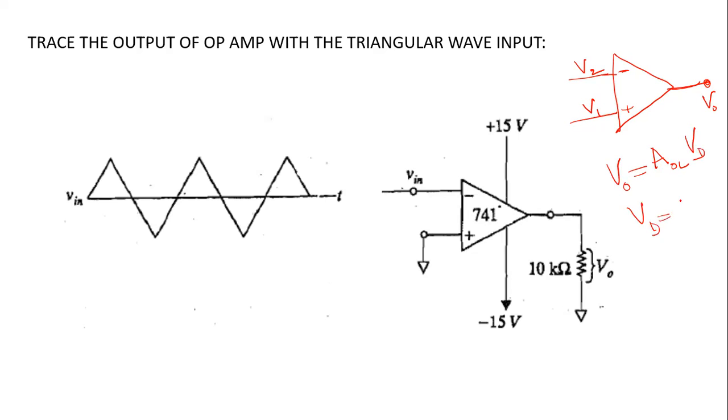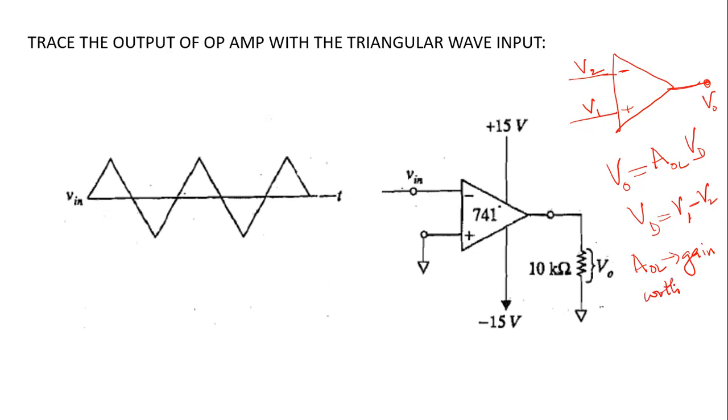VD is simply the difference voltage, V1 minus V2. This is called VD. And AOL, open loop gain, means the gain of your amplifier without any feedback. Gain without feedback is called open loop gain.